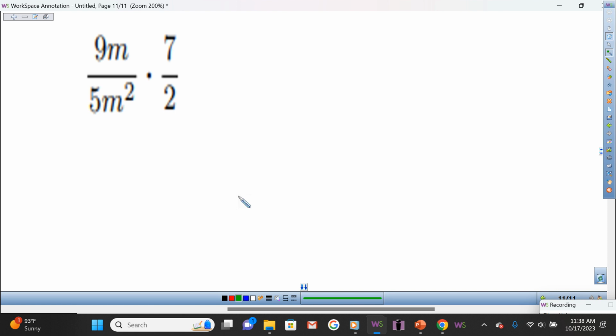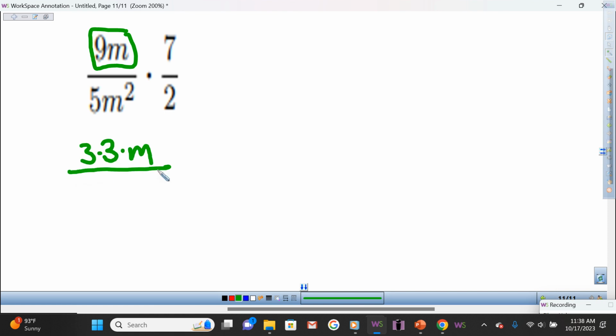Martin, first step. Factor. So what are the factors of the first numerator? 3 times 3 times m. How about the denominator? Dom. Times m times m. Yes. Times 7 is 7, 2 is 2. You guys want to multiply or simplify first?